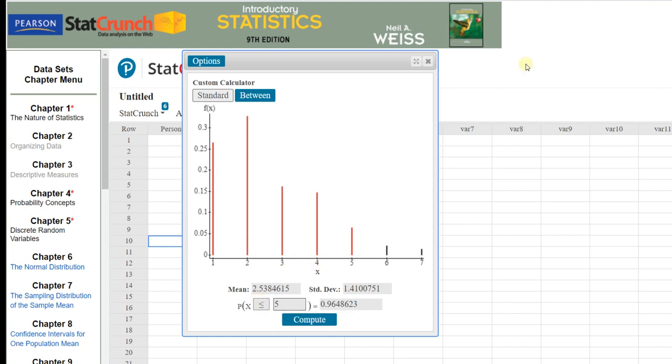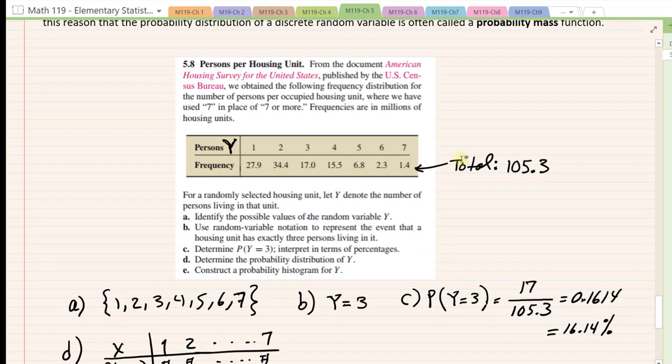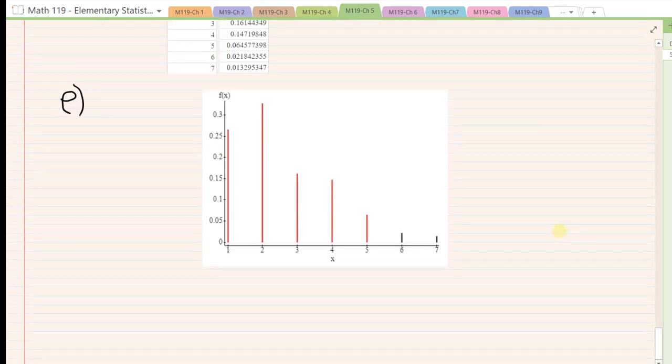So let me again bring this to my note. I'm going to save this because we're going to use it in a few minutes to answer probability questions. I'm going to copy paste it in my note. And here it is, this histogram for exercise number 8, done in StatCrunch. Again, don't worry about the colors of the bars being red and so on. Now, we mentioned one thing we are interested in is the distribution of the random variable.